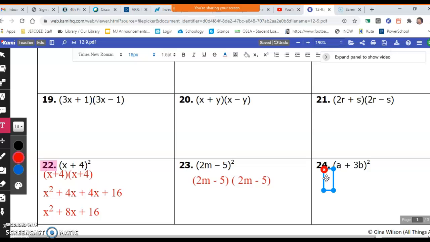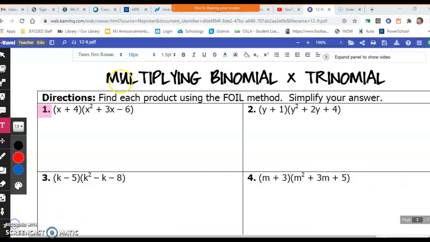A plus 3b squared, parentheses a plus 3b, close parentheses, and then again a plus 3b, close parentheses.